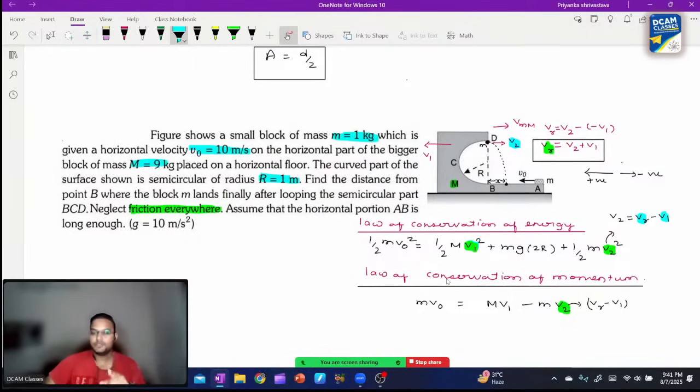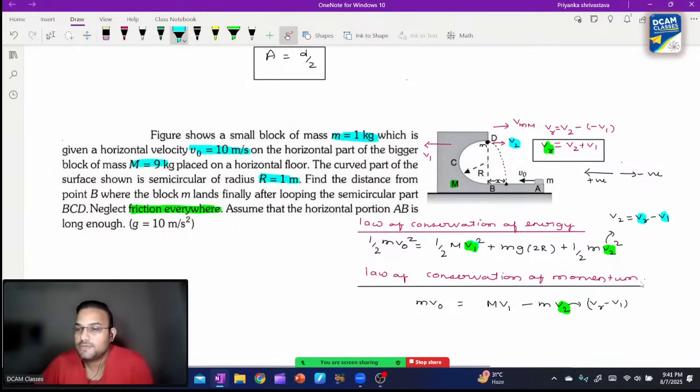See what points you should understand from this question. Why did I give this question to you right now? I wanted to show you that when you are using law of conservation of momentum, you have to take every time the velocity with respect to Earth. This mass m is moving relative to this, but you have to take the absolute velocity of m.